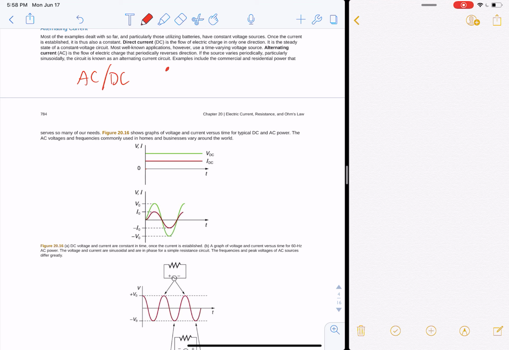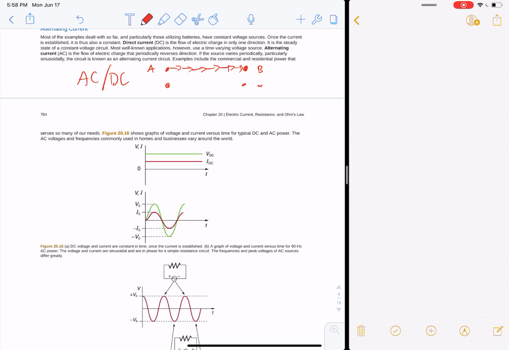Let's say you're trying to get energy from point A to point B. There's a way to do it called direct current, where you just push the energy from point A to point B. The other way is alternating current, where you push and then pull and then push and then pull, so the electrons wiggle back and forth rather than get pushed across the whole thing.